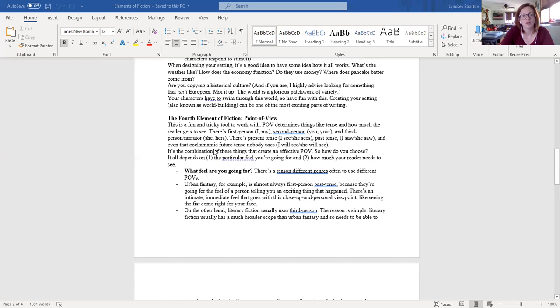Okay, so different genres are going to use different tenses. For example, when Twilight came out 1,000 years ago, I don't know how long that was, I was a junior in undergrad when that came out. But it was Bella's point of view. So she used I, but we learned very quickly that she was the I. It wasn't like the author.